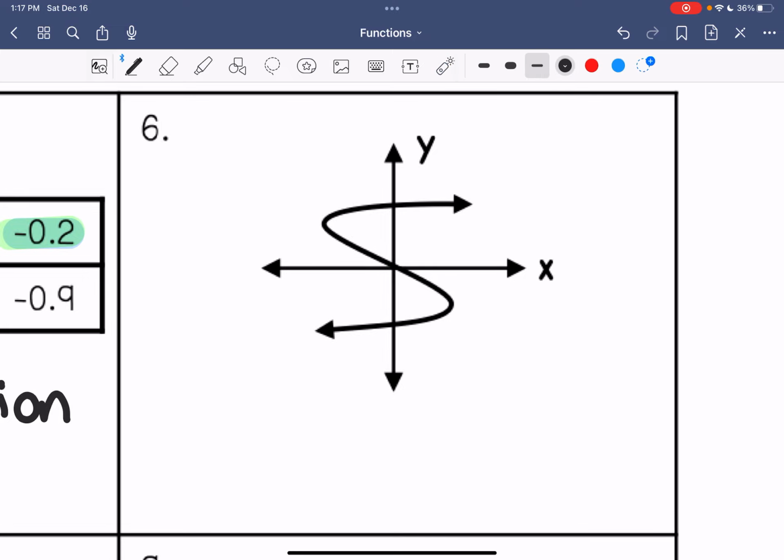I'll draw a vertical line through my graph, so a line going up and down, and I will count how many times that line touches my graph. In this case on number 6, I see that this line touches my graph 3 times. Since that is more than 1, this is not a function.